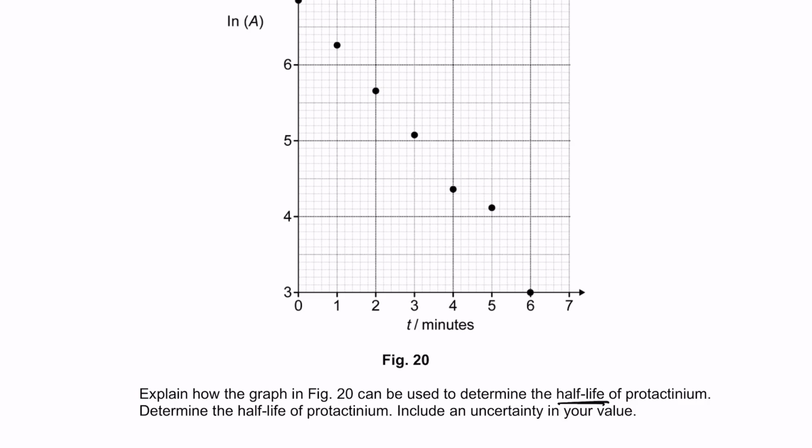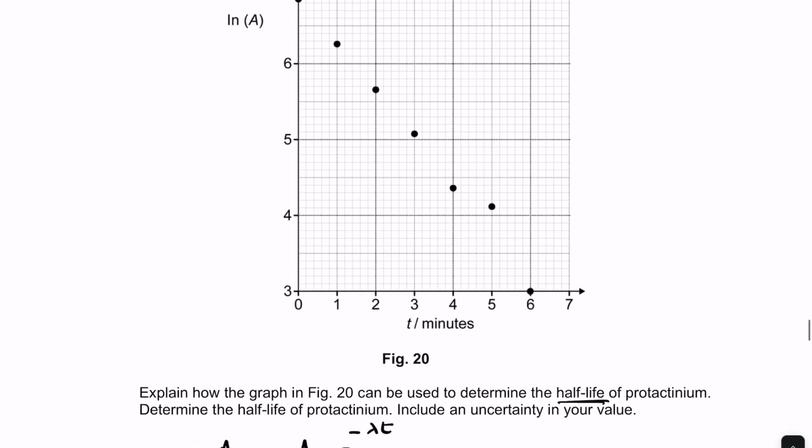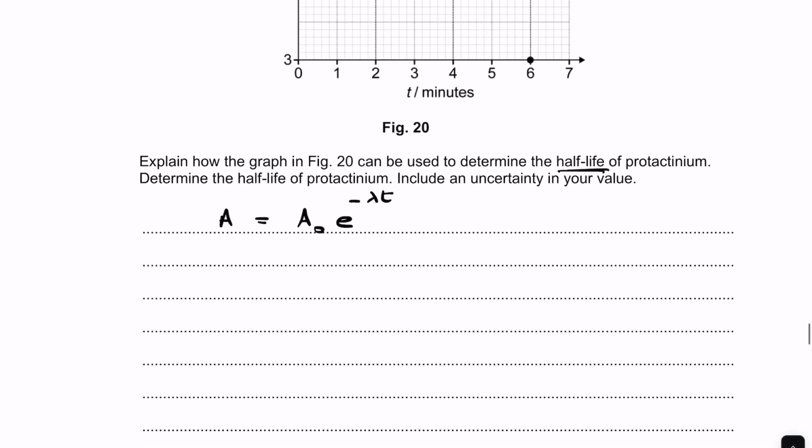To begin with, I know the equation, which is given to us as A equals A naught e to the power of minus lambda t, where A is the activity, A naught is the original activity, lambda is the decay constant, and t is the time. In this graph we are talking about ln, so I'm going to take ln of both sides.